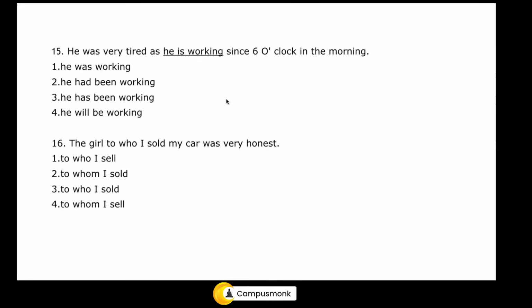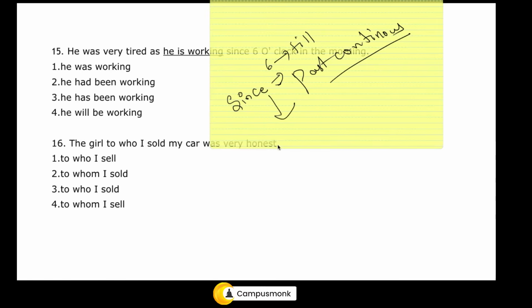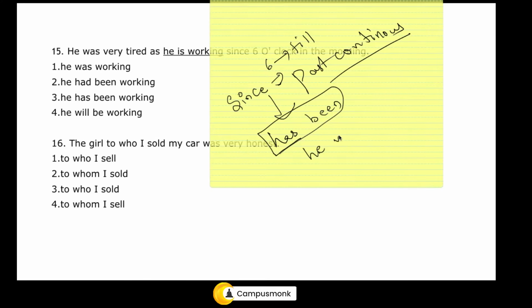Okay, so let's have a look. The term says since. If I say I have been working since 6 o'clock in the morning, that means I am working from 6 o'clock till now. It is past continuous. Okay, it is continuing from the past, that is 6 o'clock in the morning, till now. So, what goes with past continuous? Has been. Okay, has been is a past continuous. So he is working, is what? Is present.